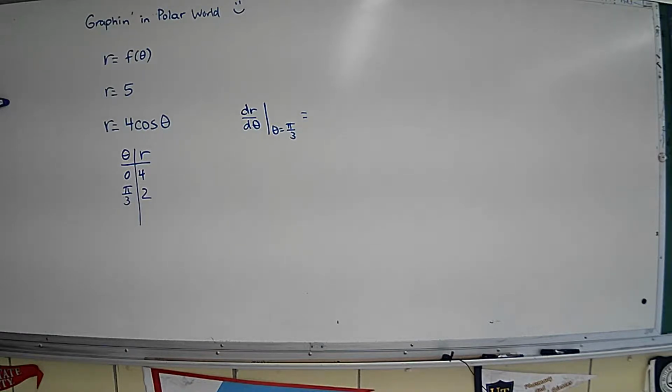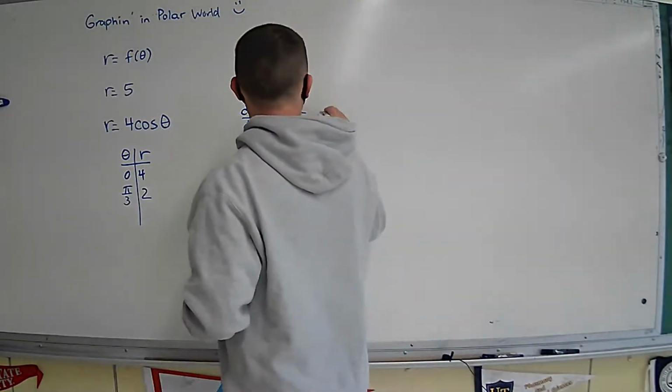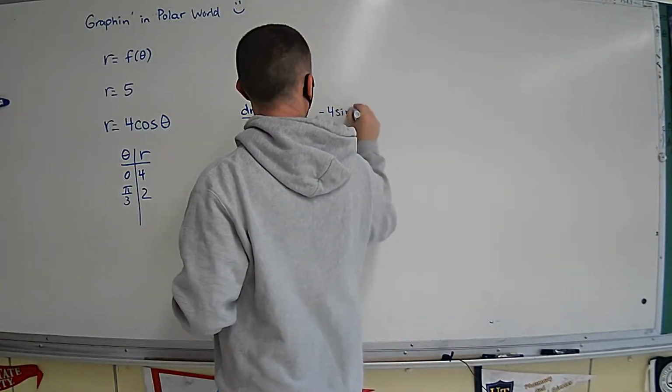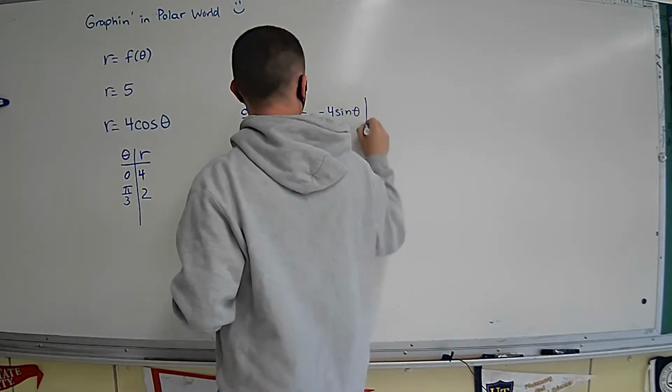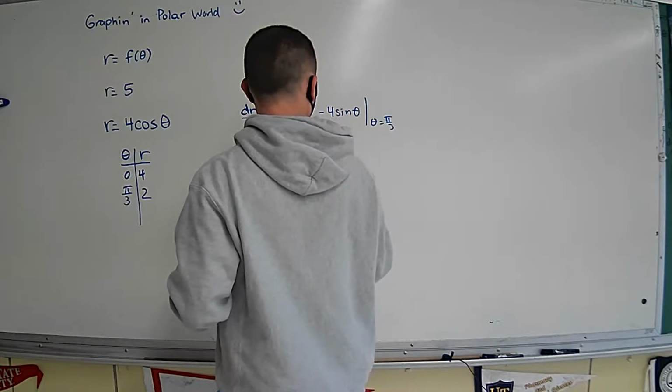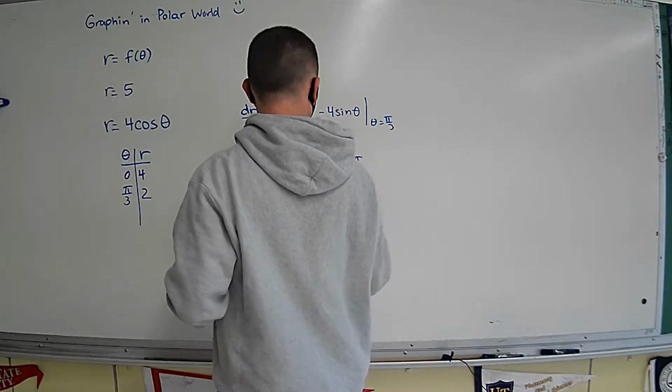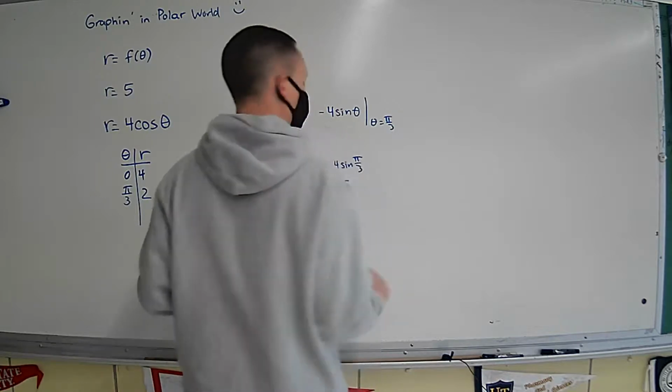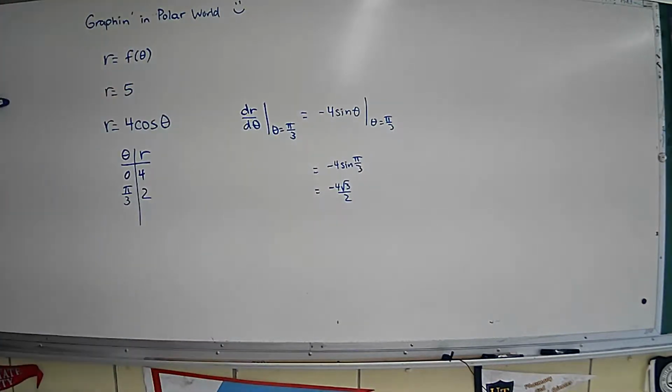We saw that. It's big here, smaller, smaller, smaller. So whatever the answer to that is, we know it's going to be negative. Now we could go ahead and compute it. What's dr d theta? It's negative 4 sine theta. Evaluate that when theta equals pi over 3, and that's negative 4 sine of pi over 3. So that's negative 4 times radical 3 over 2. It's negative.